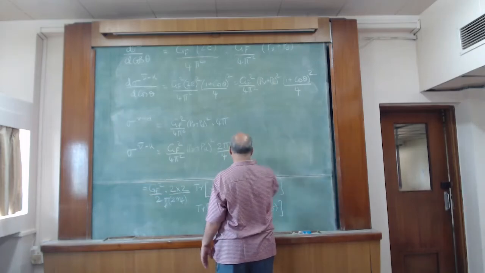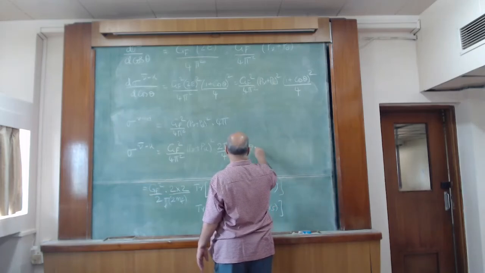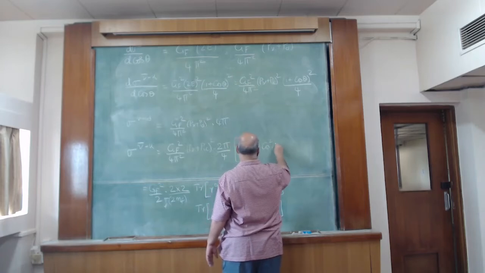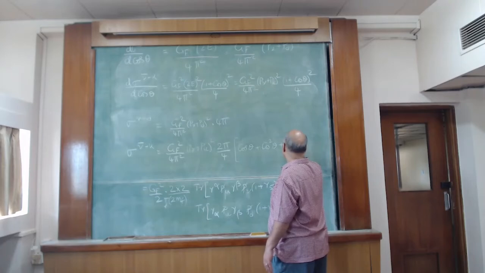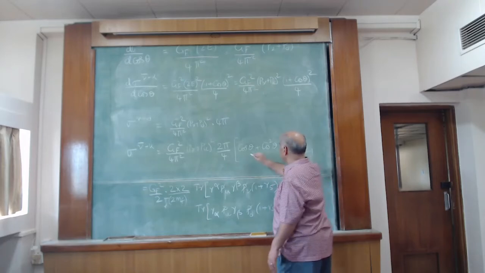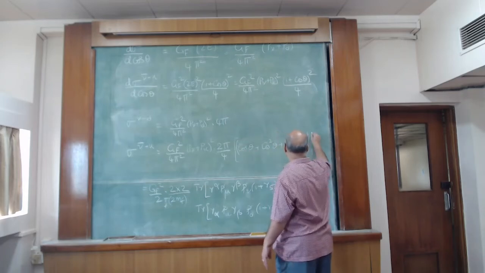If I do the integral, I get cos theta plus cos square theta plus cos cube theta by 3 evaluated from -1 to 1.